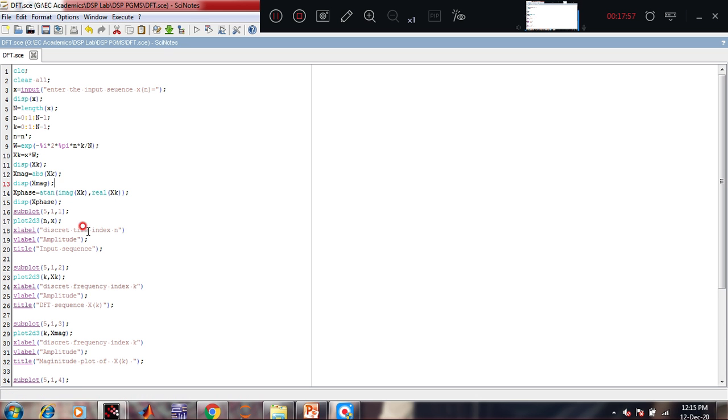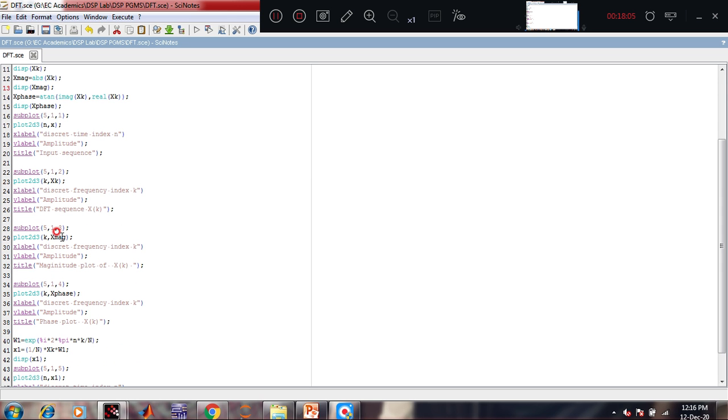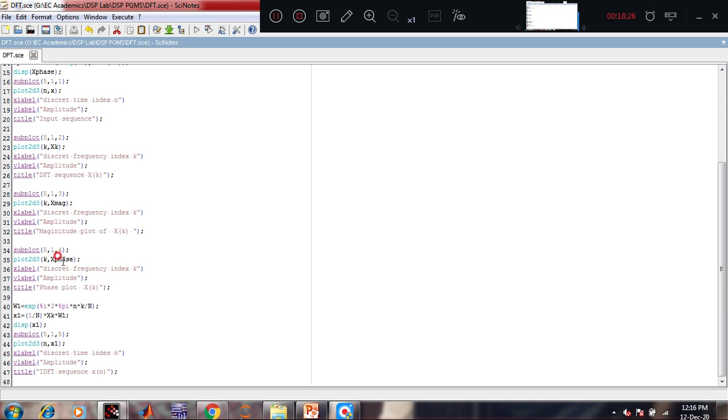Then x label is discrete time index, your x axis is discrete time index, and y label is amplitude, title is input sequence. Similarly I have plotted the DFT sequence where the x axis is what? Discrete frequency sample k comma x magnitude. The x label is discrete frequency index, y label is amplitude, title is magnitude plot of x of k, right?